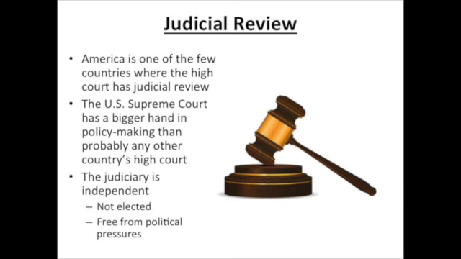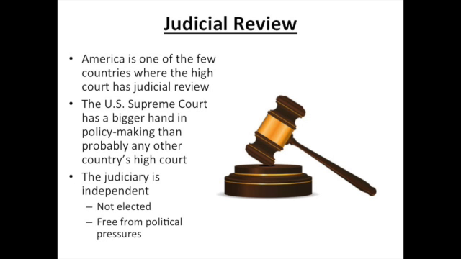One of the things that makes the American judicial system fairly unique compared to most other federal court systems or national court systems around the world is the concept of judicial review, which is the idea that the judicial branch can declare an act of Congress unconstitutional.